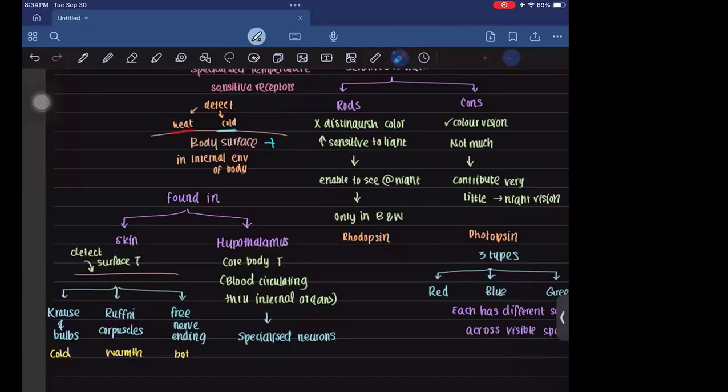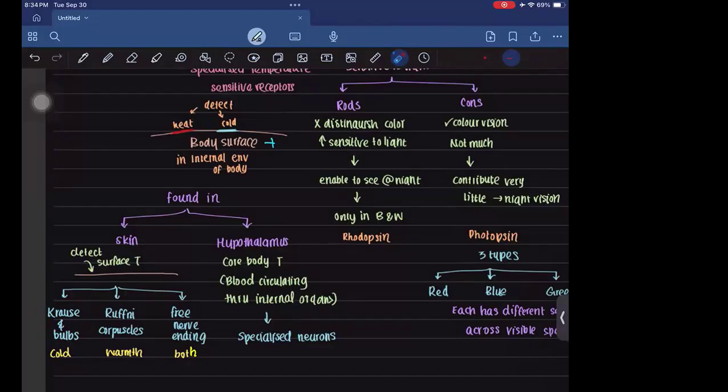Now see, the detection done by them is going to be different. Okay, so all of them are not going to do the same detection. So if you take the Krause end bulbs, they will be detecting the cold. Okay, they'll be detecting cold on your body surface, whether your body surface is cold or not. So that will be detected by whom? By Krause end bulbs. Ruffini corpuscles, they will be detecting the warmth on your body surface.